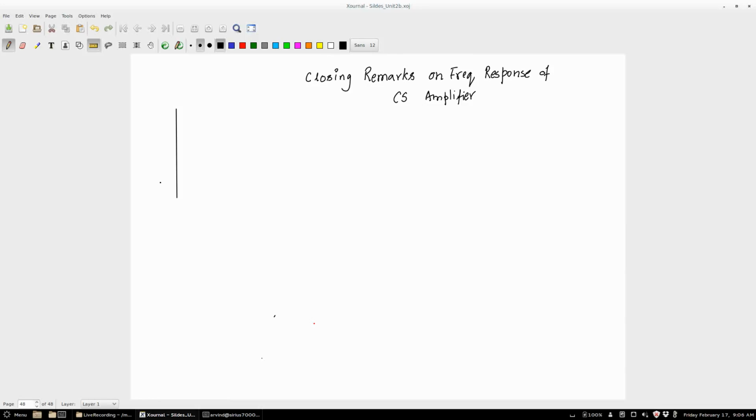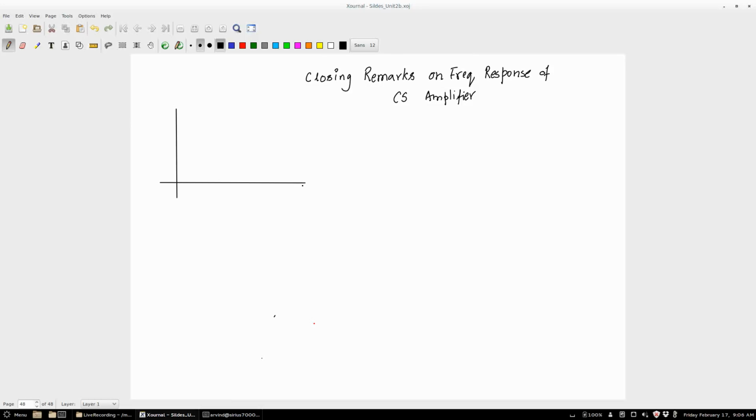Okay. So first thing, in the quiz and so forth, all of you have calculated many of the parameters of the common source amplifier, right? But we did not do any of the frequency related parameters.